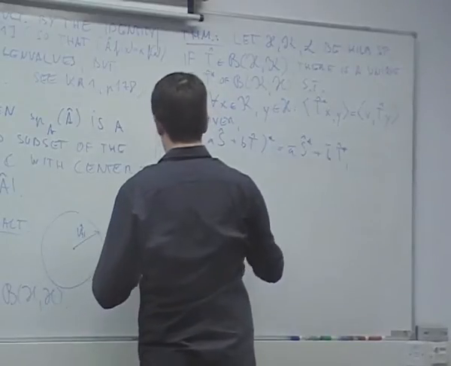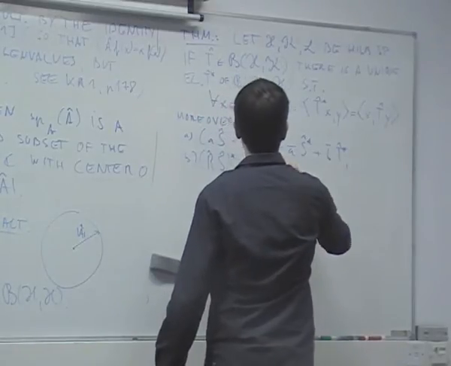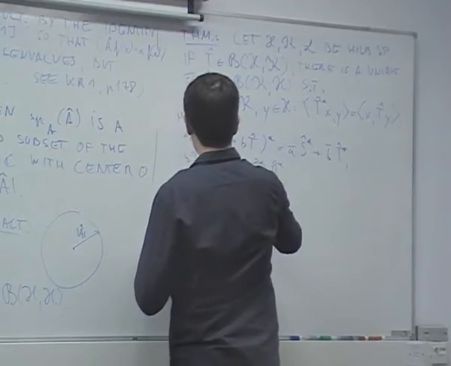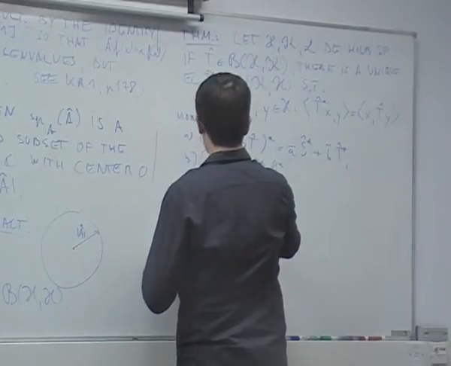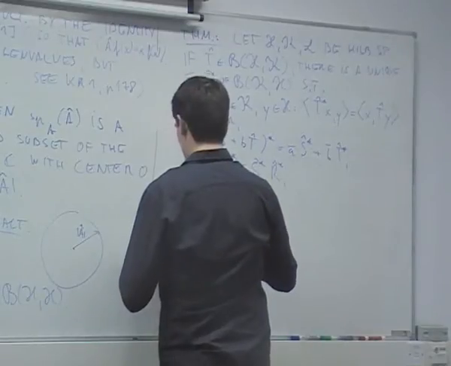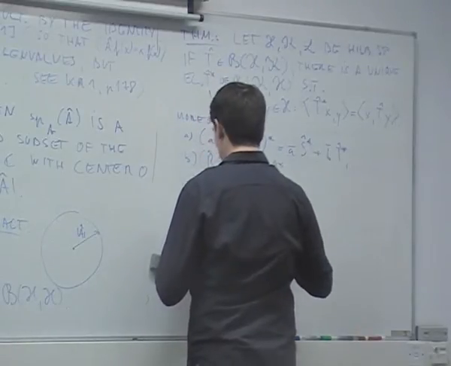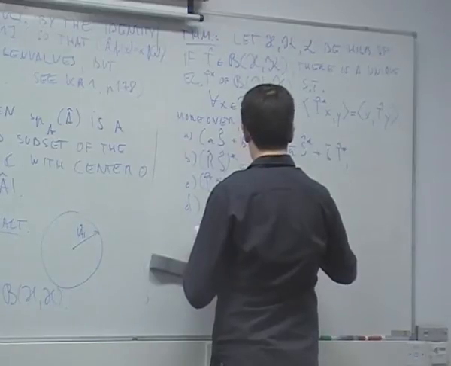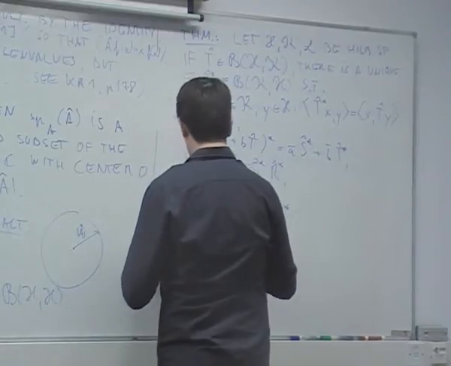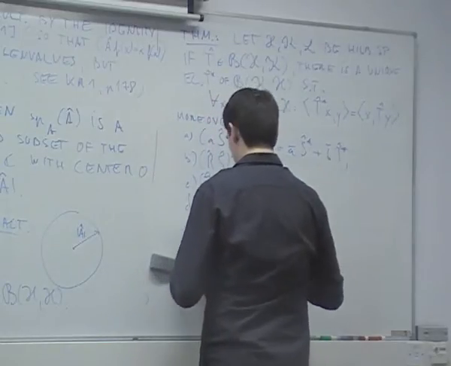The second one is (RS)* = S* R*, and (T*)* = T. Then we have the C-star property: the norm of T*T is the norm of T squared.